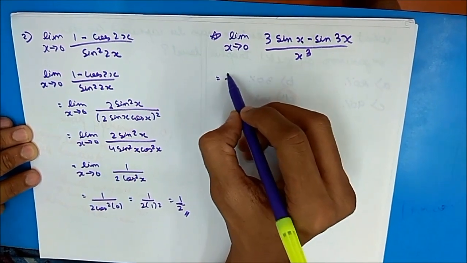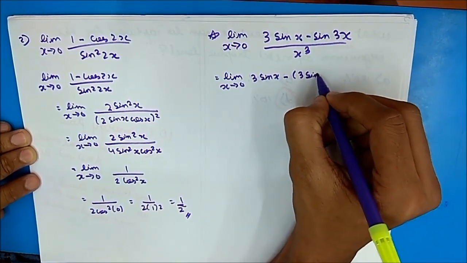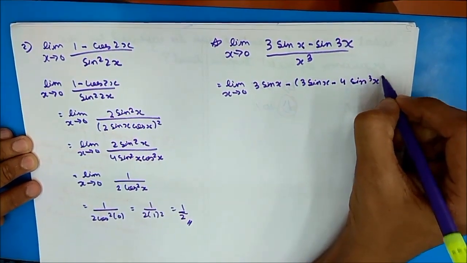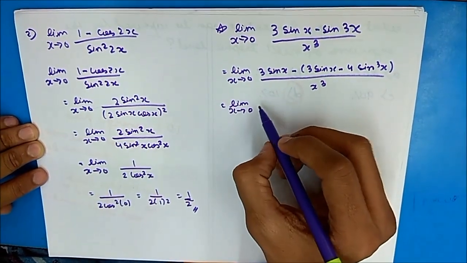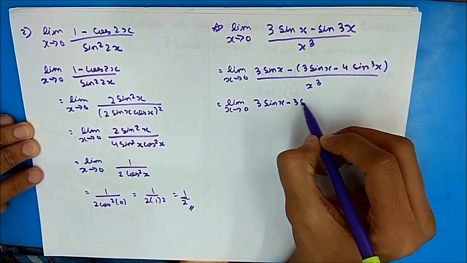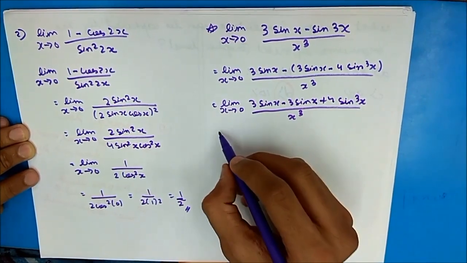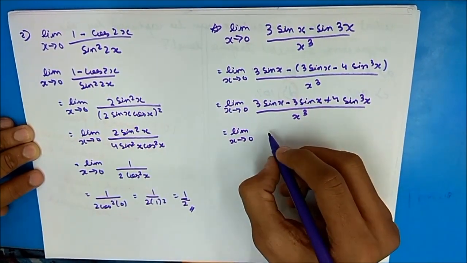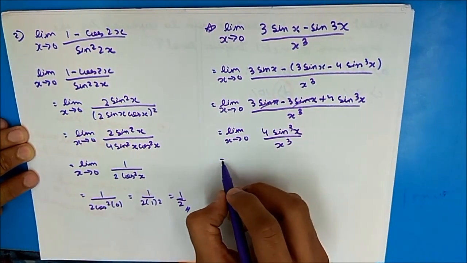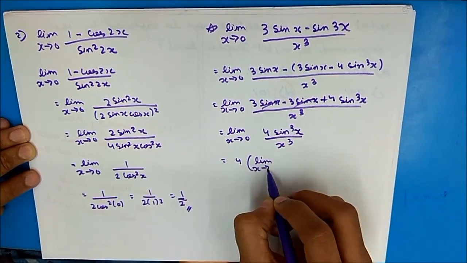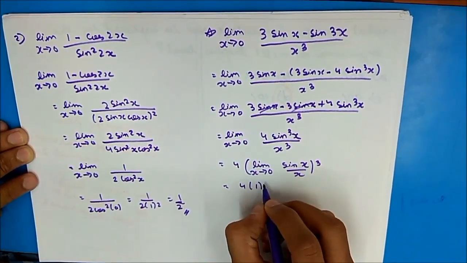So the answer is limit x tends to 0, 3 sin x minus 3 sin x minus 4 sin cube x upon x cube, is limit x tends to 0, 3 sin x minus 3 sin x plus 4 sin cube x upon x cube, is limit x tends to 0, 4 sin cube x upon x cube, is 4 limit x tends to 0, sin x upon x the whole cube, is 4 into 1 the whole cube, is 4.